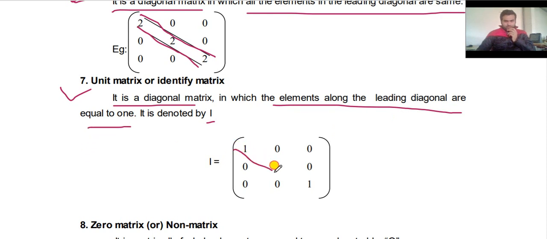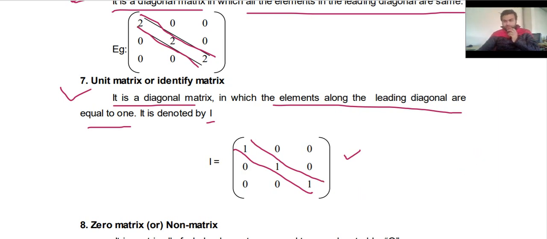This is your leading diagonal, and in this leading diagonal all the elements are equal to 1 but all other elements are 0. This is denoted by I. Suppose in future you see I, that means you have to write this unit matrix in that question.